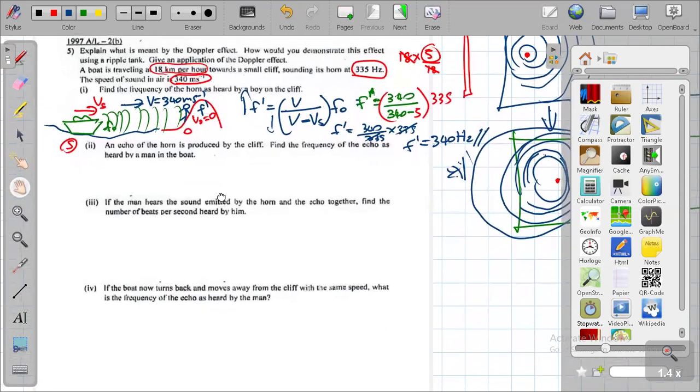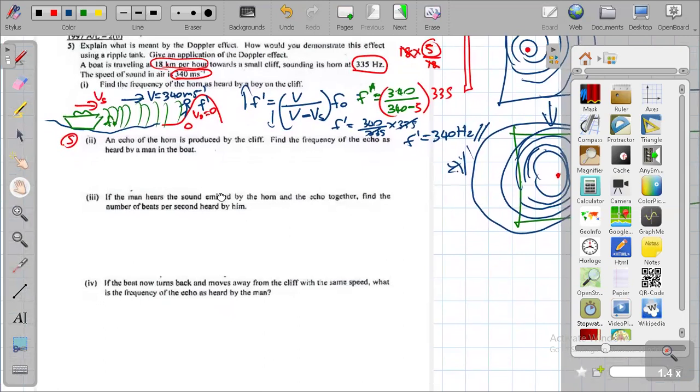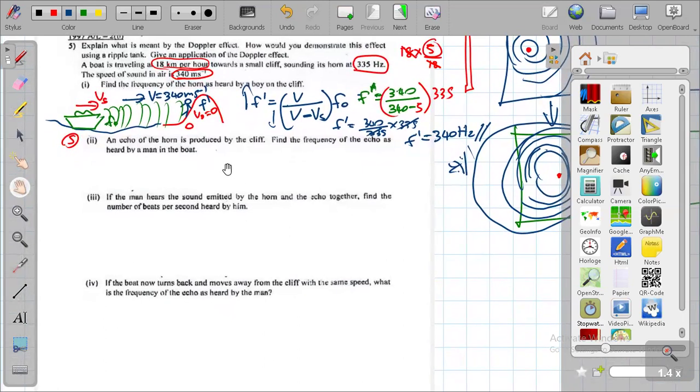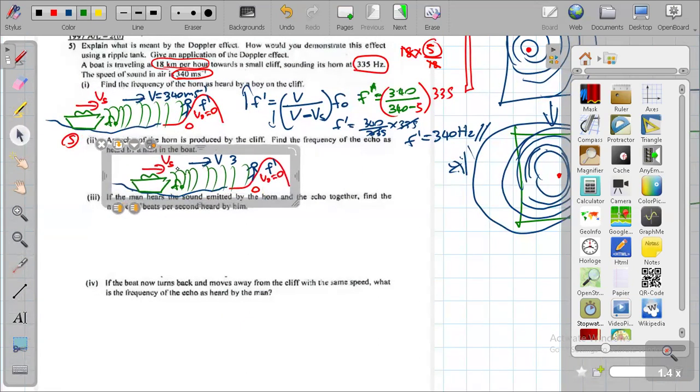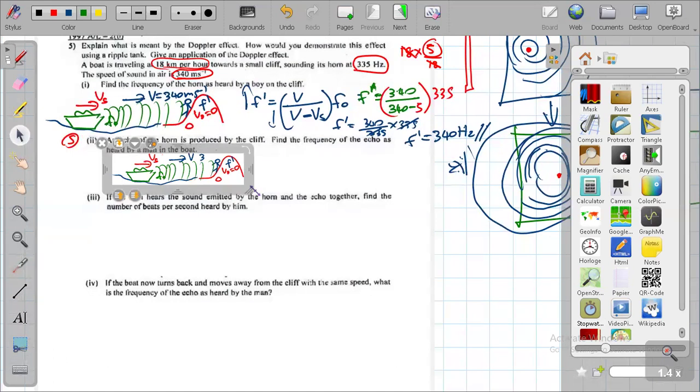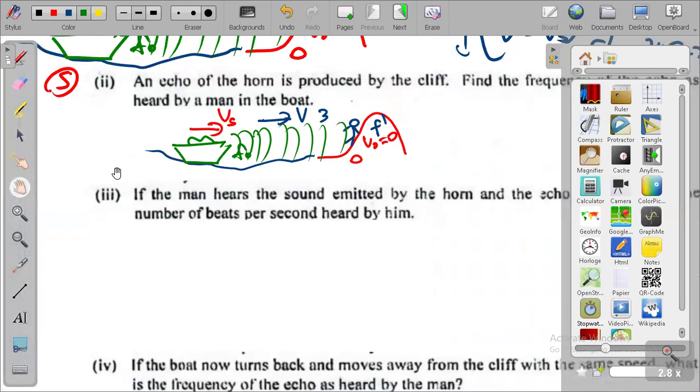Now it says an echo of the horn is produced by the cliff. Find the frequency of the echo as heard by the man on the boat. Now this whole part, I'll just copy the same thing. But let me enlarge this diagram and explain.